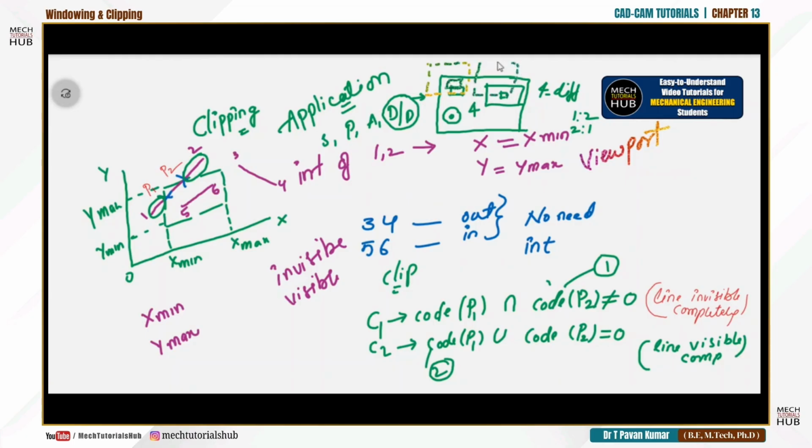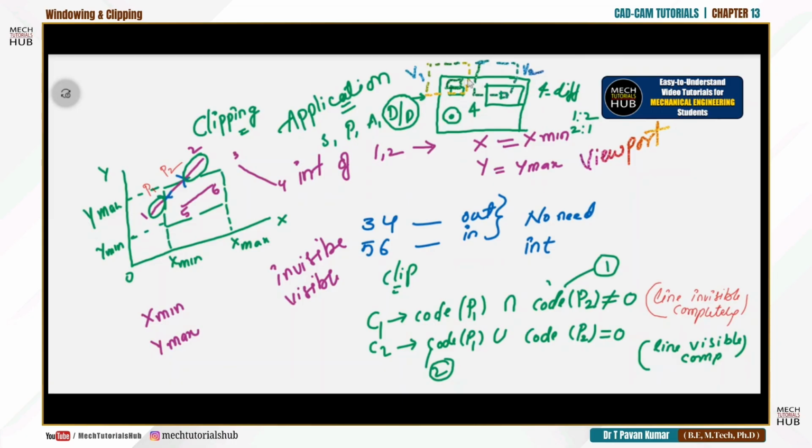Similarly, I'll create one more viewport somewhere here, and I can move one more image into the screen. Let us call the first viewport V1 and this one V2. The image size of V1 may be completely different when you compare it with the image of V2.